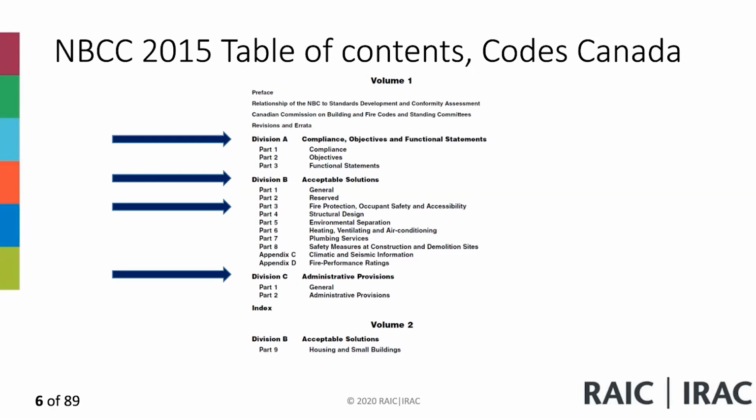People can tab the tables of contents and put tabs onto different sections and subsections of the code that they use frequently. I recommend that you tab the table of contents for each section and each part of the code. We're going to be working with Volume 1 of the code. Can you go to your table of contents for Volume 1 of the code? Can you see it?